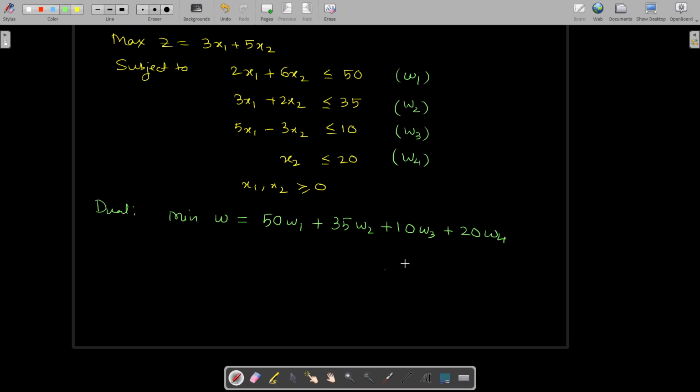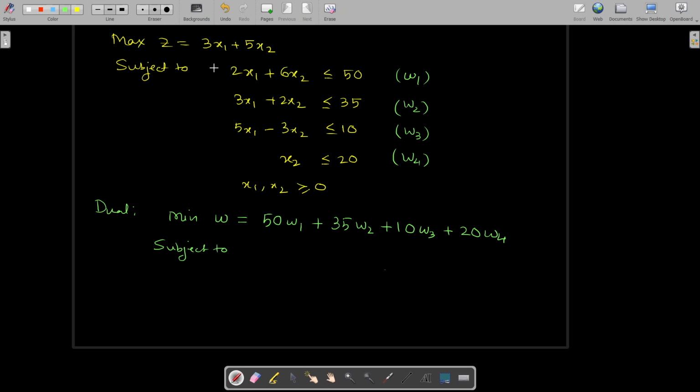Now let us look at the new constraints. How many constraints will there be? The number of constraints will be the same as the number of decision variables in the primal problem. The problem given to us is called the primal problem, from where we are going to form a new problem.